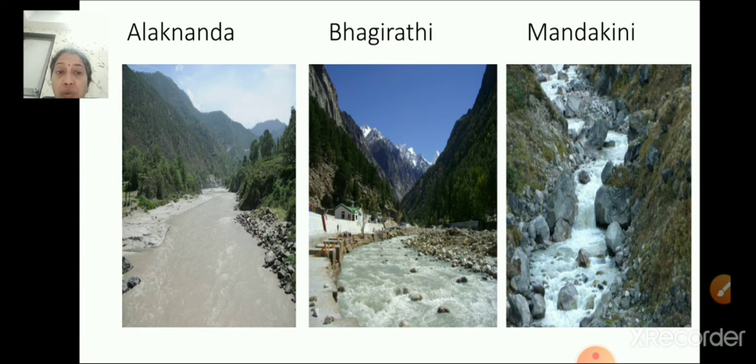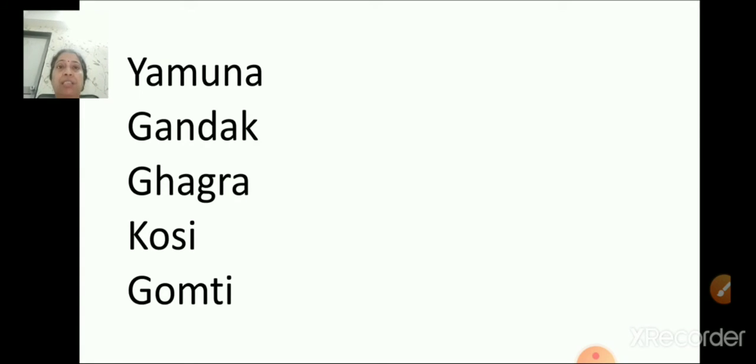As it flows slowly in the plains, it is joined by several tributaries like the Yamuna, the Gandak, Ghagra, Kosi and Gomti.